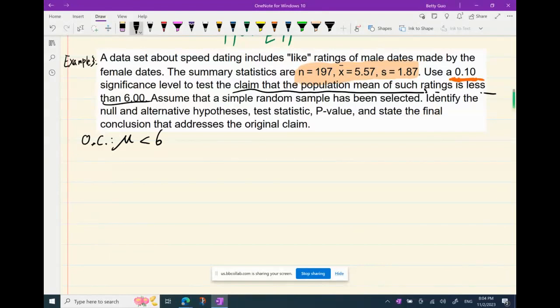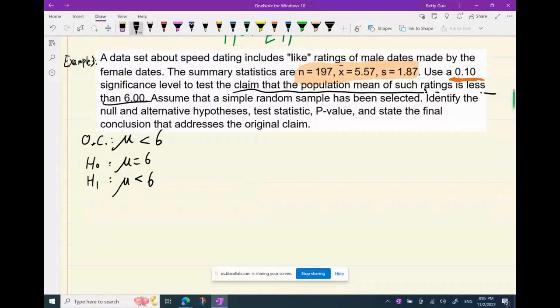And then from the original claim, we are able to have our null and alternative. Again, null always only can take the equal sign, so the null is mu equals 6. You also have plenty of similar practice, so you should know the null always only can take the equal sign. So here in symbolic form, the null hypothesis is mu equals 6, and the alternative is mu less than 6.